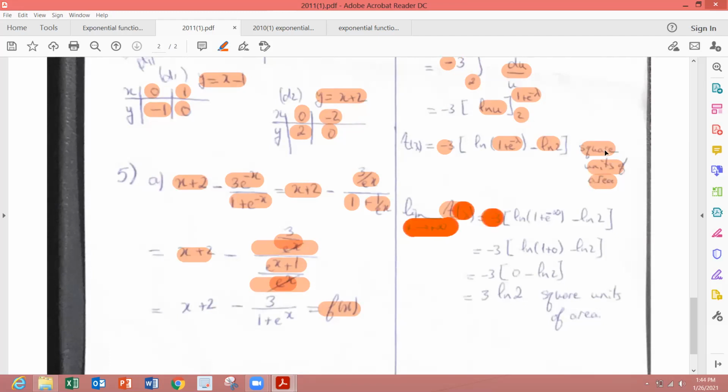We replace lambda by plus infinity, so it becomes ln of 1 plus e to the minus infinity. Minus 3, e to the minus infinity is 0, so it becomes ln 1 minus ln 2. ln 1 is 0, so minus 3 times minus ln 2 equals 3 ln 2 square units of area.